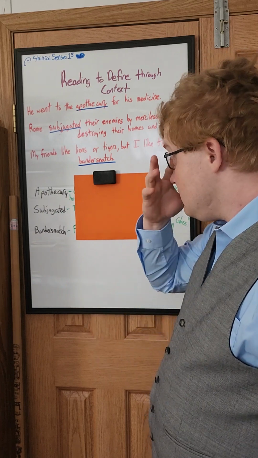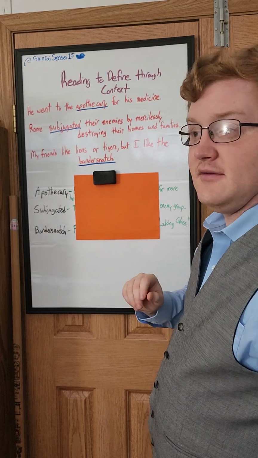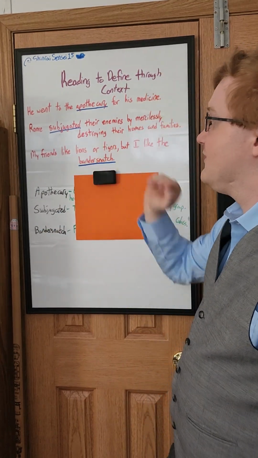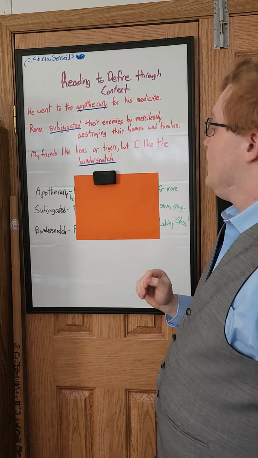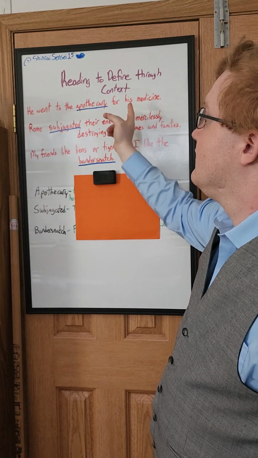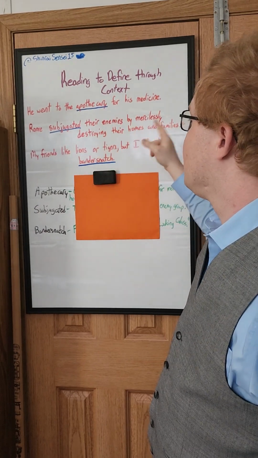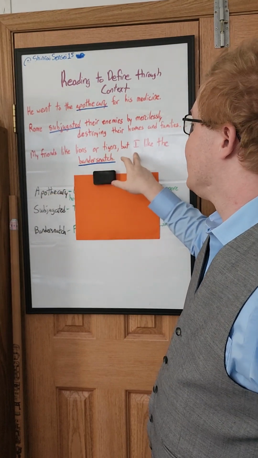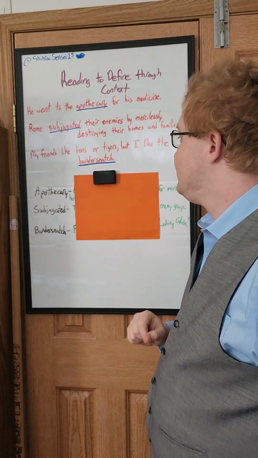But you can look these up and you'll find that I'm not too far off by putting them in the sentences, right? So, he went to the apothecary for his medicine. Rome subjugated their enemies by mercilessly destroying their homes and families. My friends like lions or tigers, but I like the Bandersnatch.